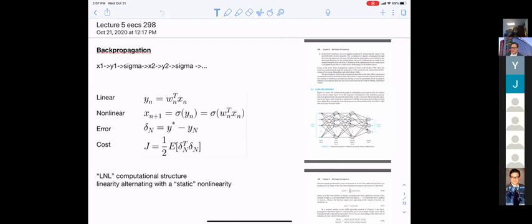And toward the end of the 70s, early 80s, there was a book by Minsky and Papert called Perceptrons, which pointed out that they cannot solve the XOR problem. And in fact, that there are large numbers of problems that can't be solved by perceptrons, and basically killed that field. It just died overnight.